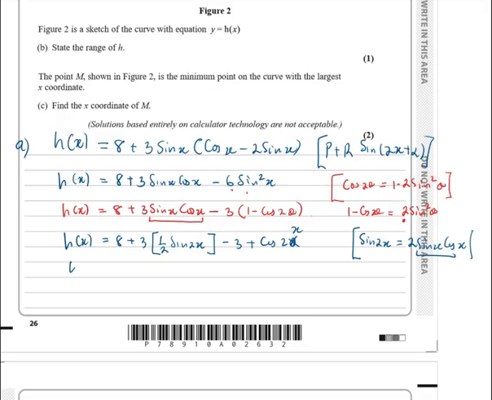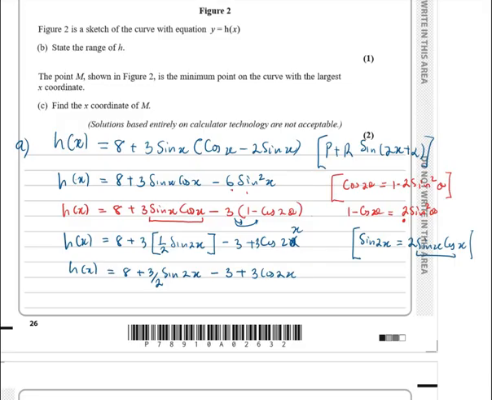Now, what we have here is that h of x is equal to 8 plus 3 over 2 sine of 2x minus 3 plus, this is a 3. The 3 has to multiply here and also has to multiply there. So there's a 3 over there, minus 3 cos of 2x.